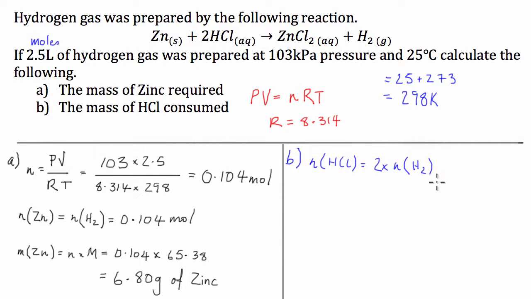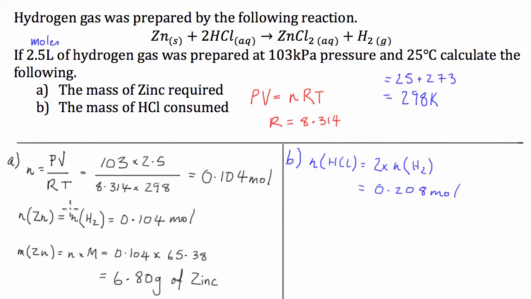So, we know that the number of moles of hydrogen gas is 0.104. So we're just going to times that by 2. And that's going to yield 0.208 mole.